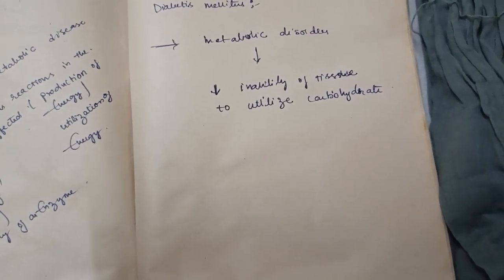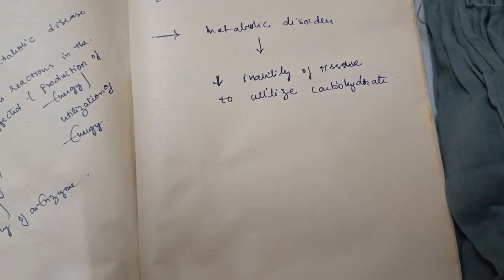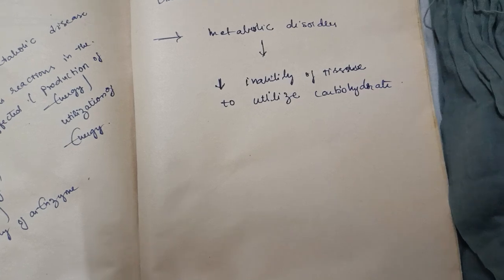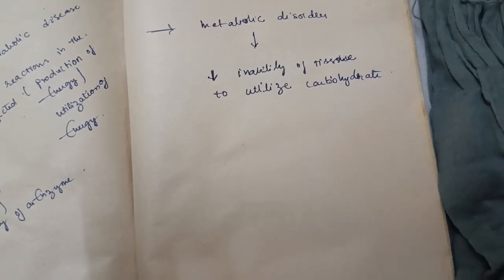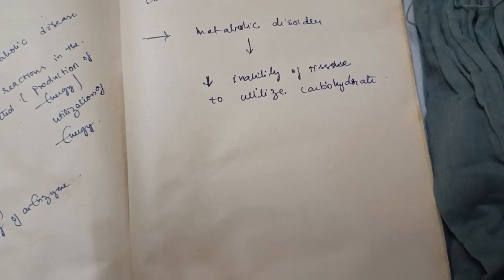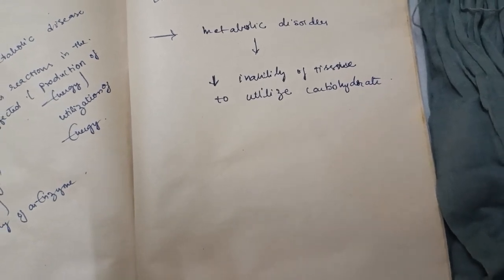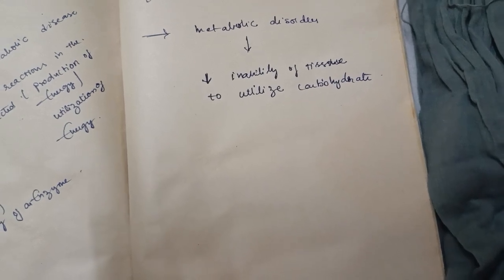It is characterized by decreased ability of tissue to utilize carbohydrates. What will the cells do? They continuously require energy, so they will metabolize non-carbohydrate materials, those are proteins and fats.